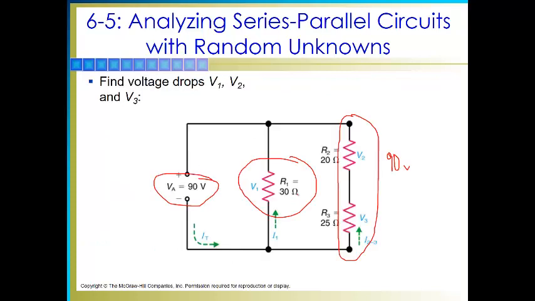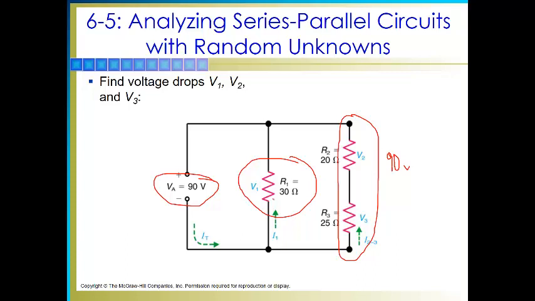So hopefully this example helps us understand better when we are analyzing circuits that have a combination of series and parallel components. It is important to review chapter 4, which talks about series components, and chapter 5, which is about parallel components.